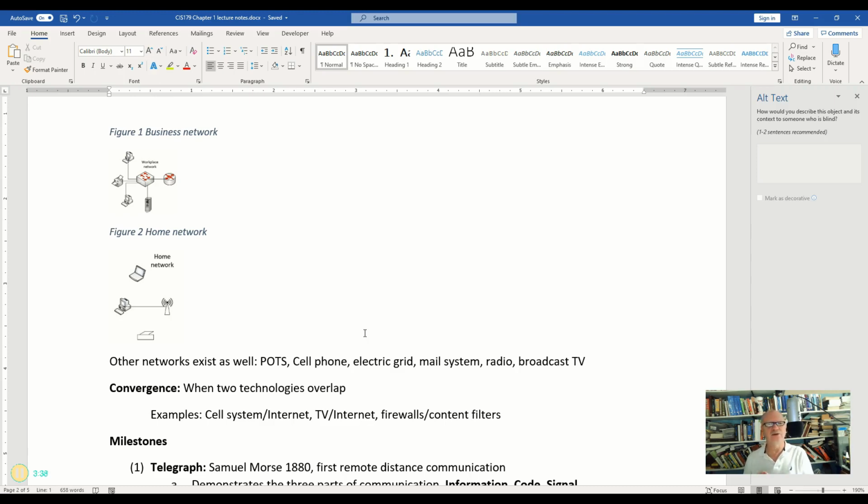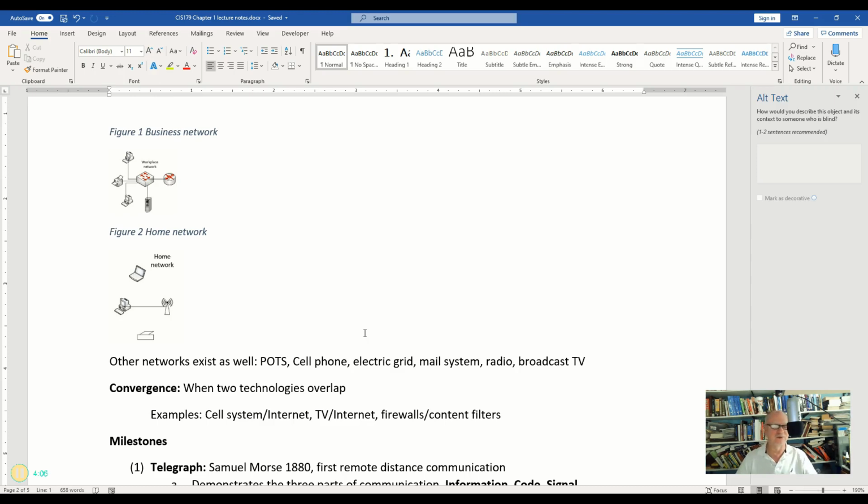So you can see in one case it's on the cell network, and the other case it's on my computer network. So that one phone can do double duty there and operate on one network or the other. And when it's operating on the cell system, it can still get the internet. That's because the cell system has built into it gateways to the internet. So these things are converging systems.